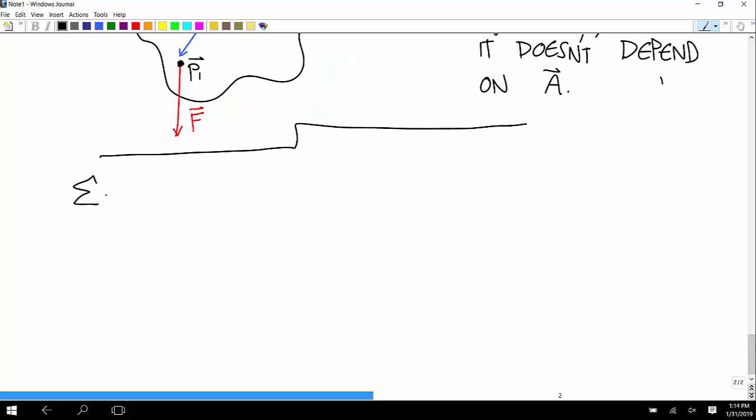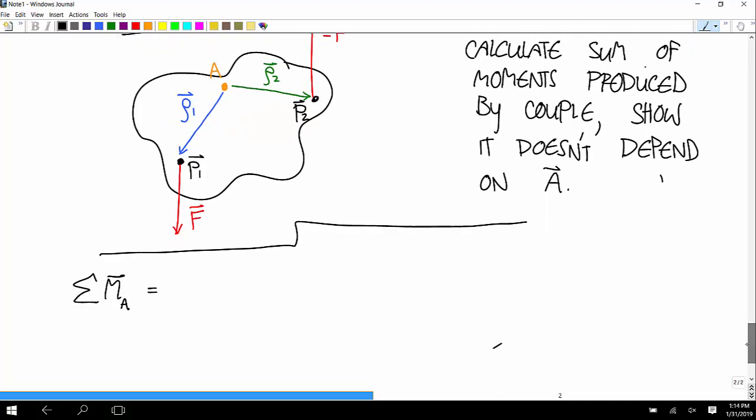So the sum of the moments about A is rho 1 cross F plus rho 2 crossed with negative F.